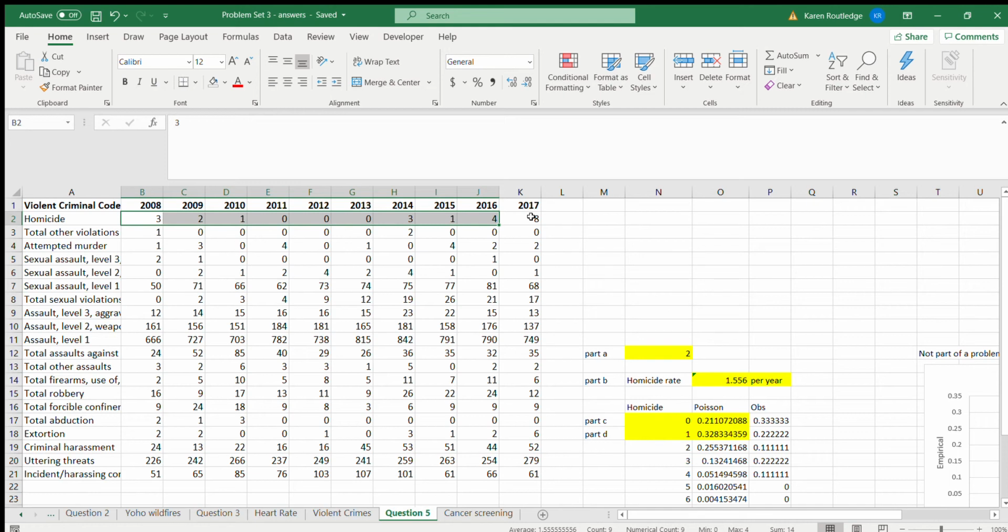The last part of my questions are the thinking questions. Given that all of these are low, and suddenly we doubled the number of homicides in 2017, should that be a flag to the RCMP that something is different? Did the underlying homicide rate, that 1.56, change in 2017?